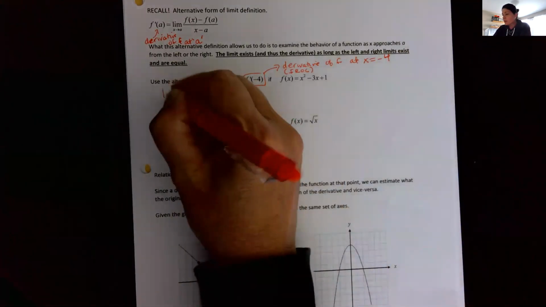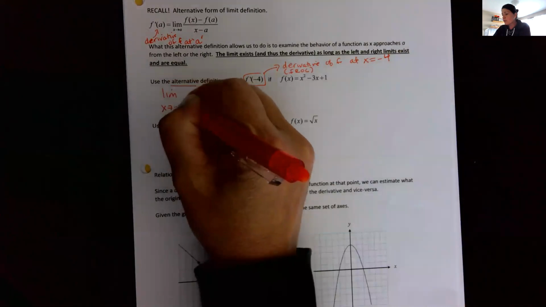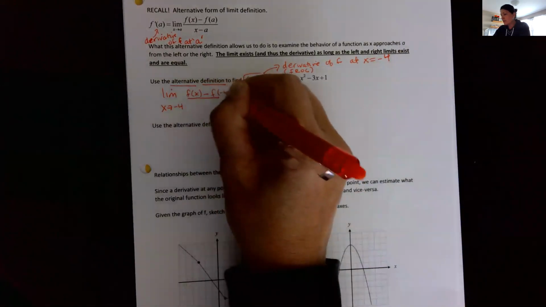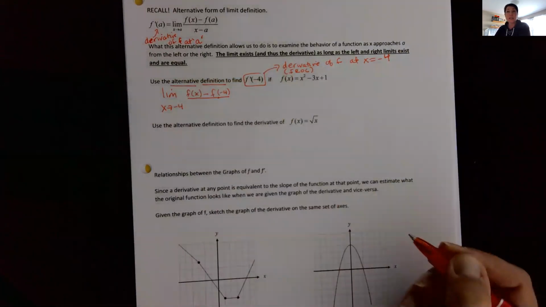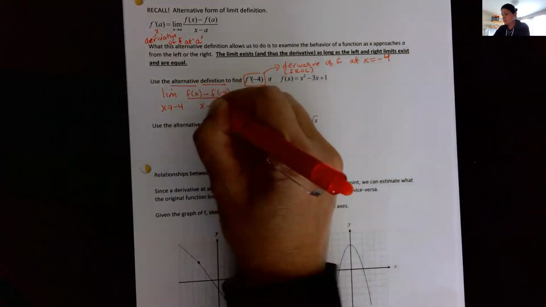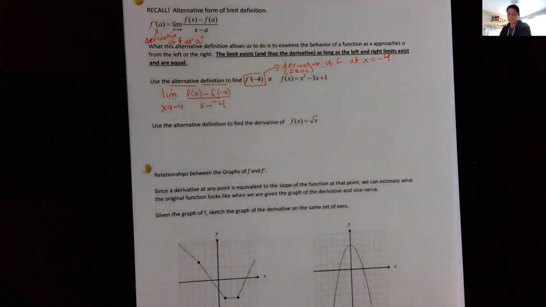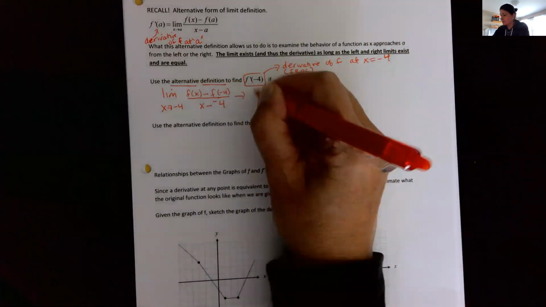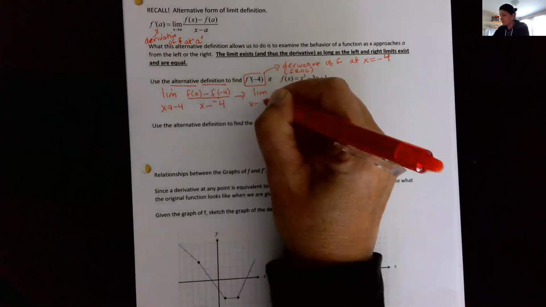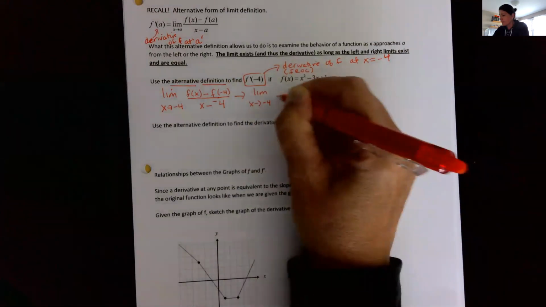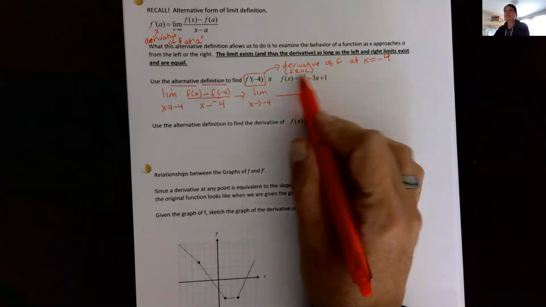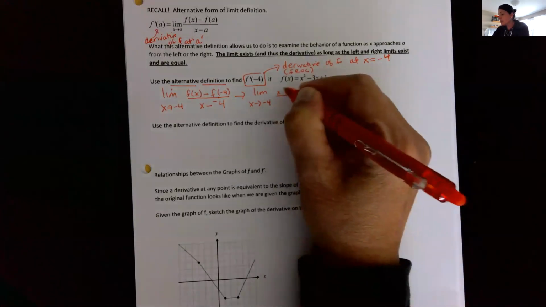We're going to do limit as x approaches -4, right, on f of x minus f of -4. So instead of a's, I'm putting in -4's. All right, f of x. So this time we lead with our f of x function, nothing plugged in.